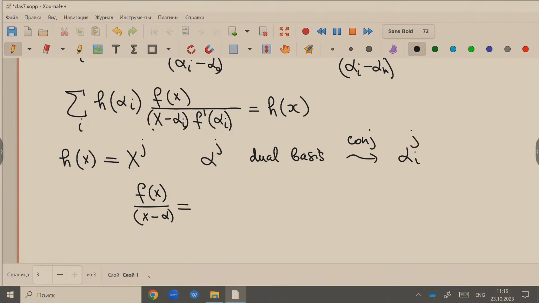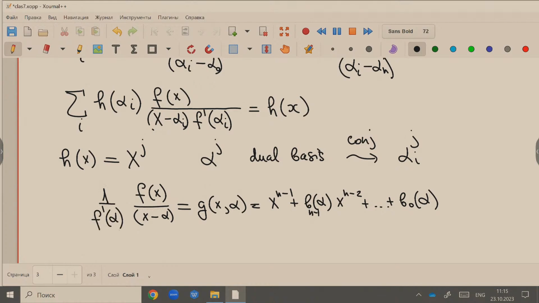If you open the brackets, this will be a polynomial in x and alpha, meaning that you have x^(n-1) plus b_(n-1) of alpha, the corresponding coefficient, x^(n-2), etc., b_0 of alpha. And here you also have the derivative, so you can write 1 over f prime of alpha.